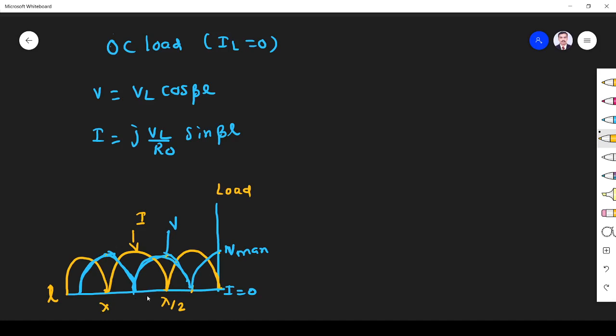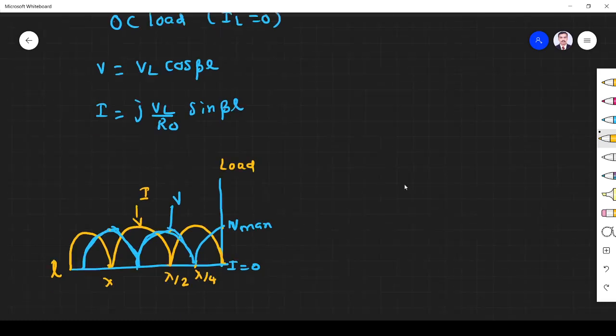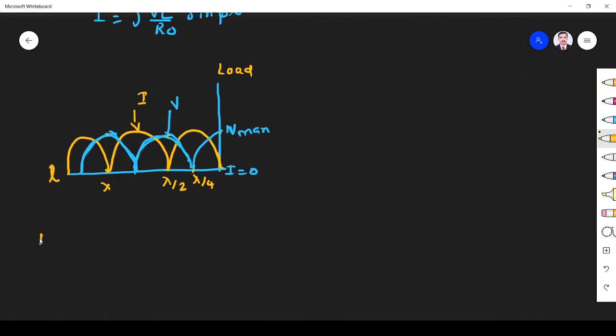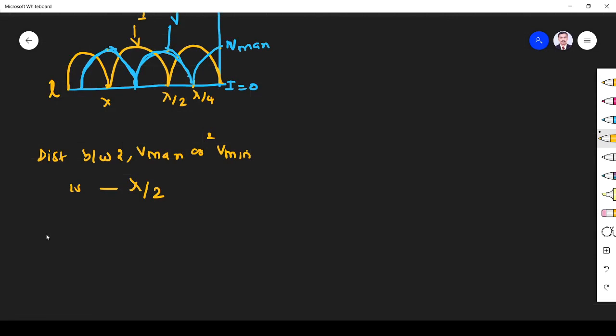I noted the distance from here, so you see it must be lambda by 4. The distance between two voltage maxima or two minima is lambda by 2. Distance between V max and V minimum, similarly I max and I minimum, is lambda by 4.